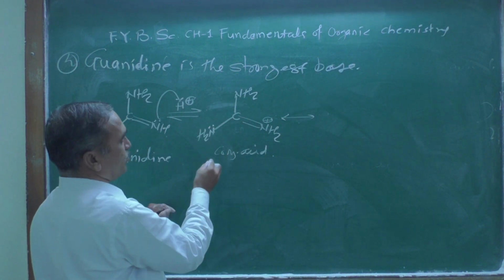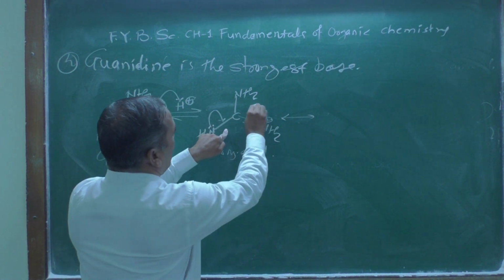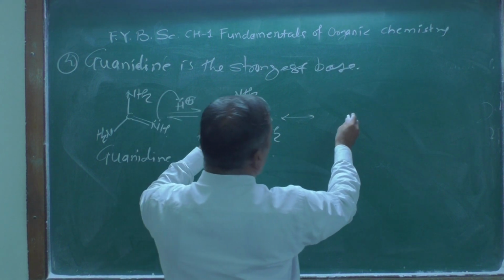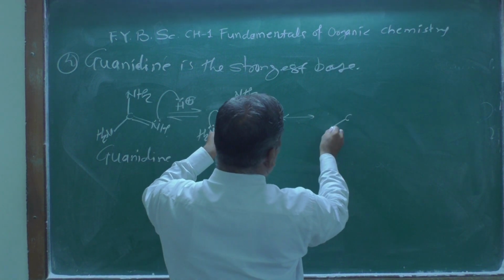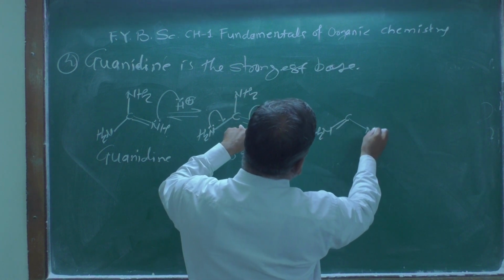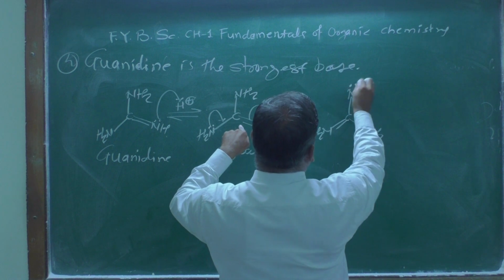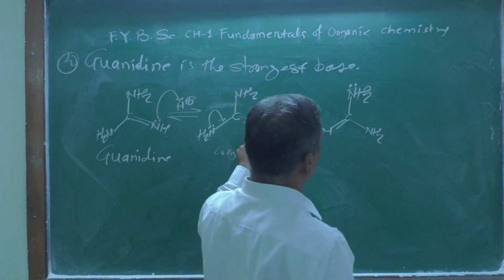Look here at the lone pair. This lone pair comes here, neutralizing this positive charge, and you get double bond H2N, then here NH2, and this remains NH2, with the lone pair present on that nitrogen atom.